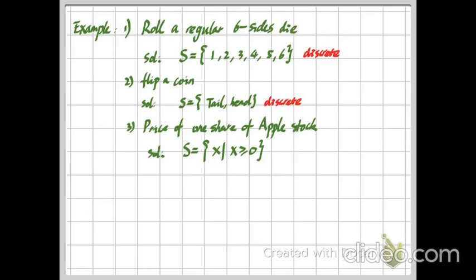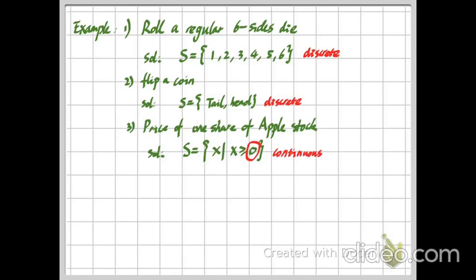So instead of the number 0 here, we can rewrite it to some other, more reasonable number. It can be any non-negative number. Of course, this example is not a discrete example. This is a continuous sample space.